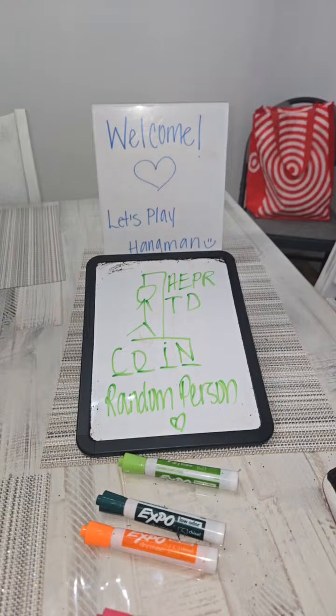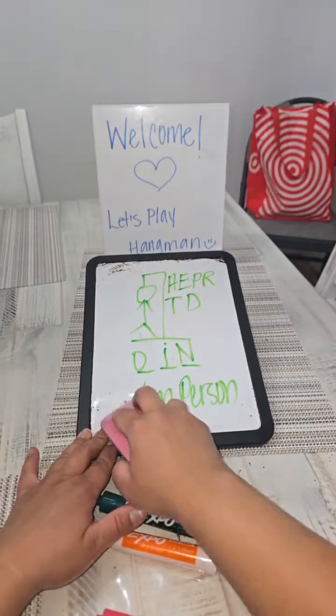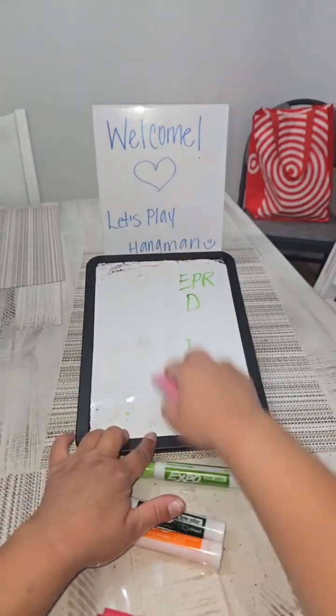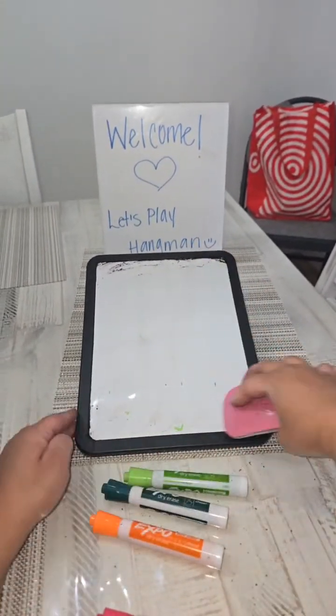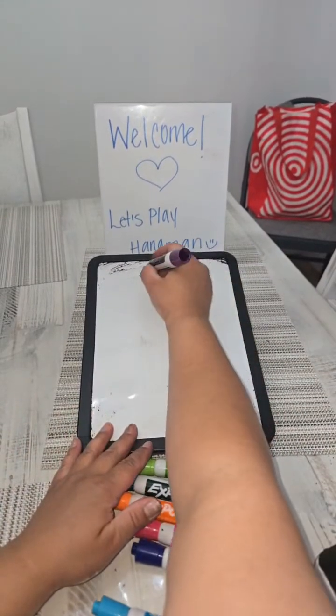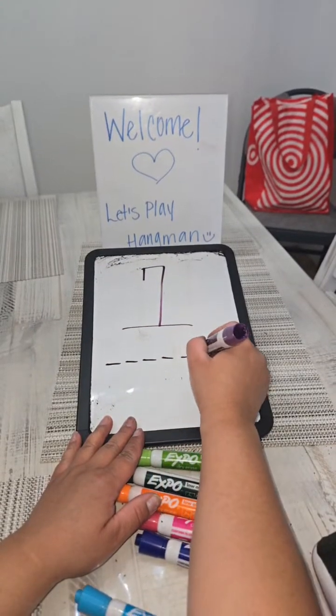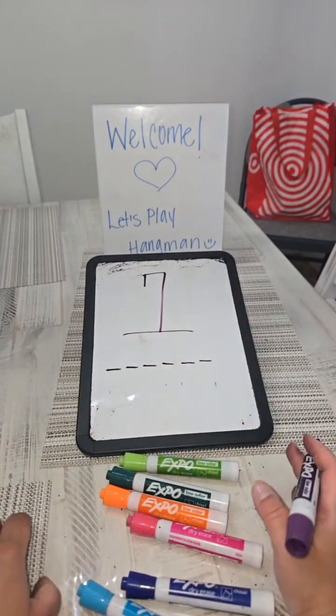All right, moving on to the next one. The next one is six letters. Let's see who is really good at this and will guess it correct. Six letters and begin.